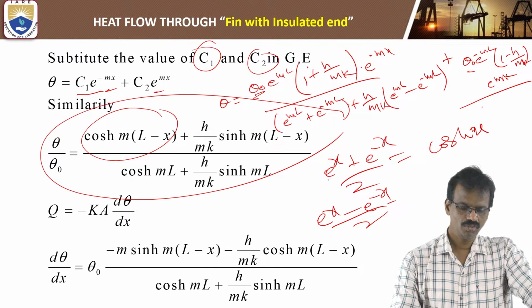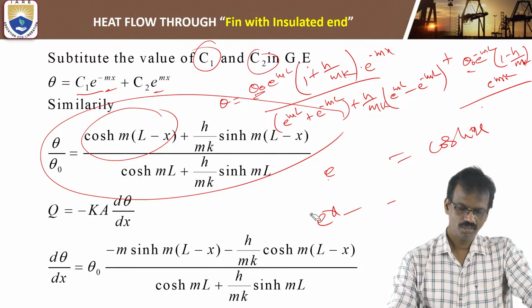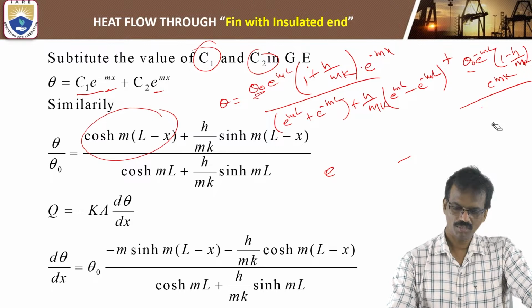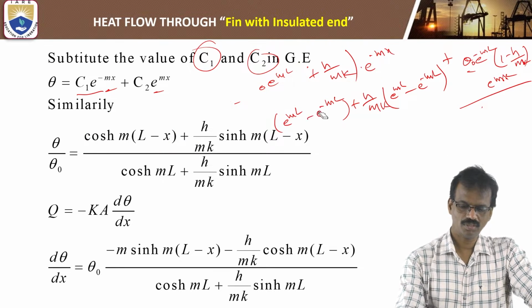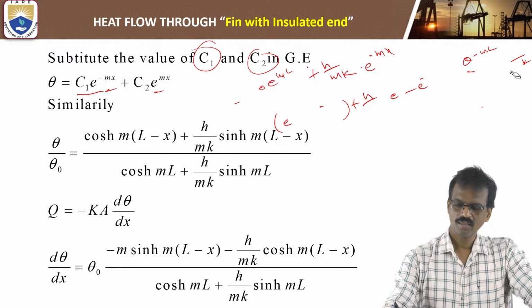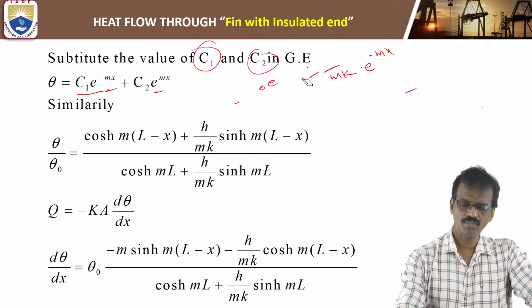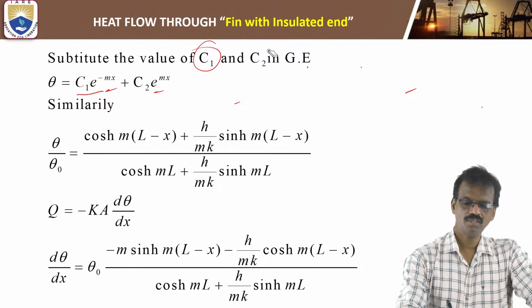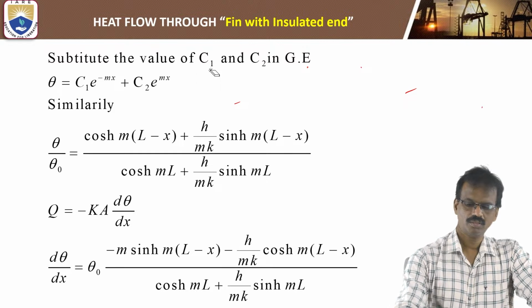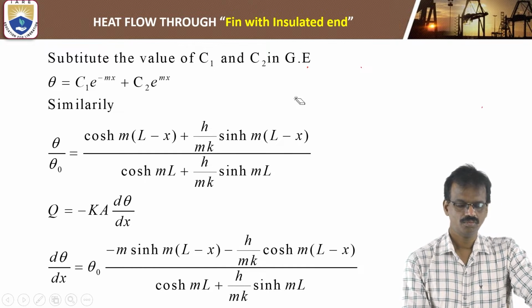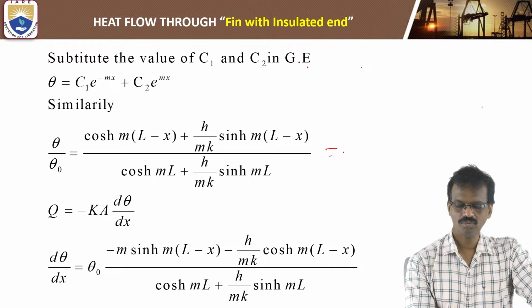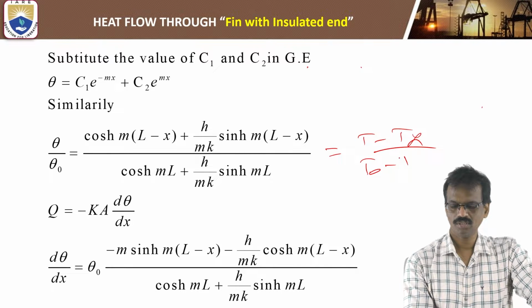Okay, so now this is the temperature formula. Theta by theta naught is nothing but T minus T infinity by theta naught, that is T naught minus T infinity.